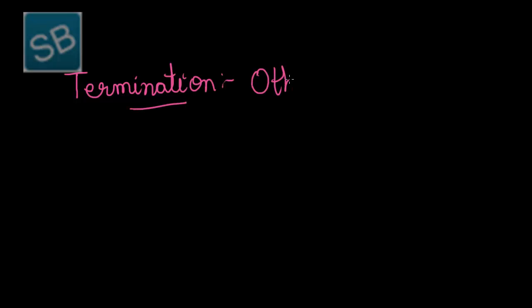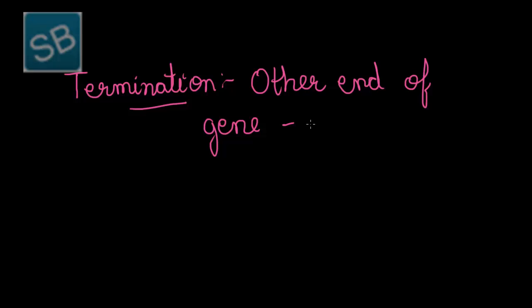Following it comes the last region, the termination region. This region is located at the other end of the gene, exactly opposite to the first one, the promoter. The main function of this region is that the mRNA synthesis gets stopped here.